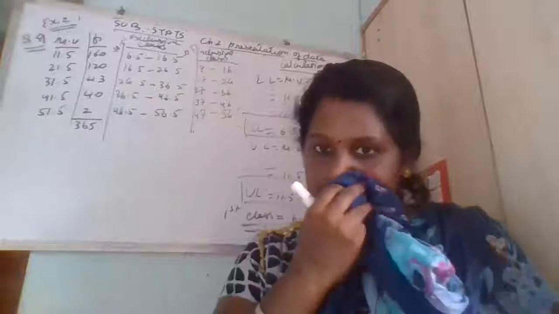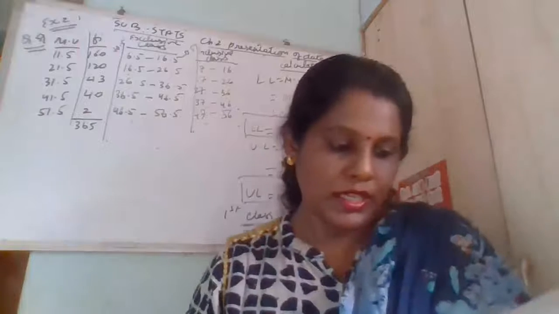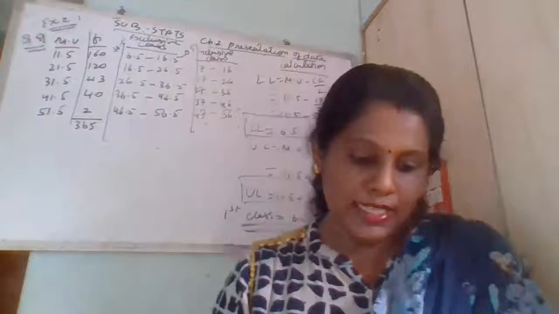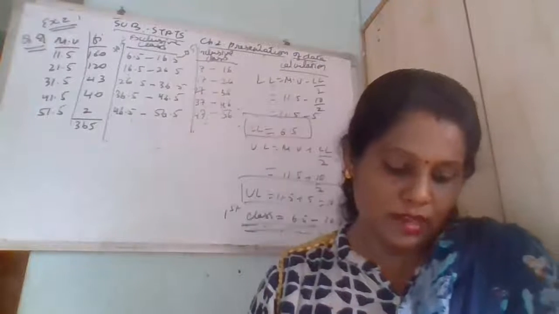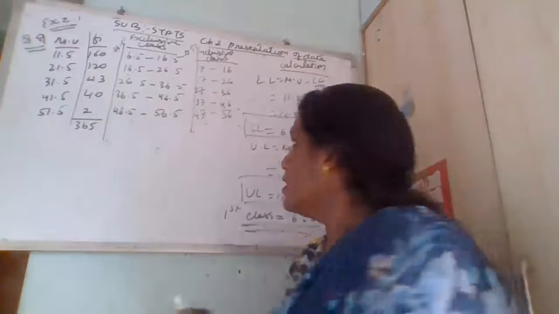So the 10th question is, from the following data, obtain the class boundary points from the class limits and write the frequency distribution. Now you have to find the class boundary points.